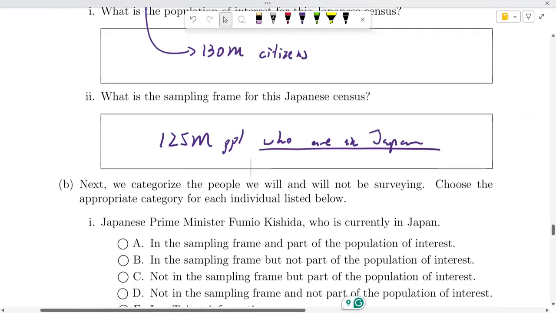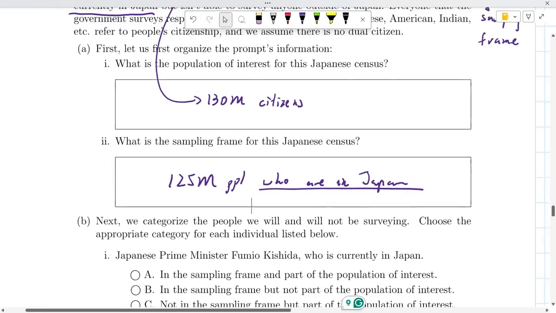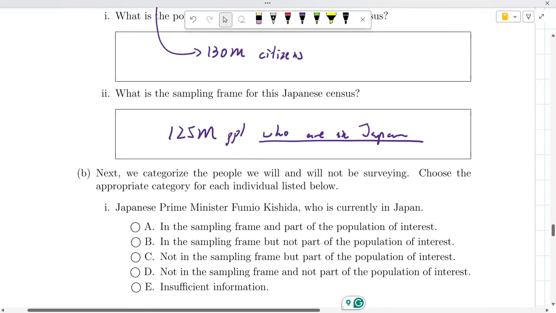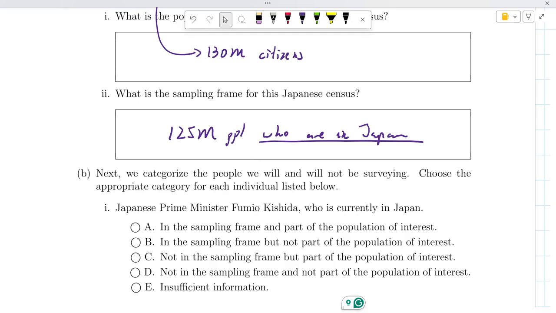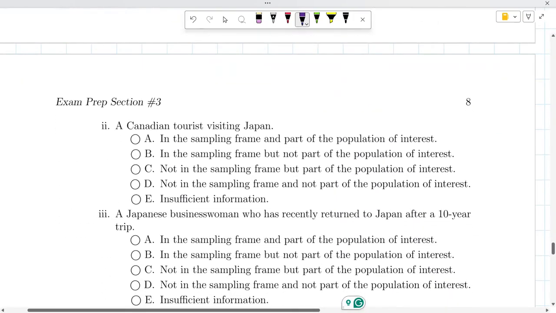Okay, then, now, let's categorize people we will and will not be surveying. So the Prime Minister is among the Japanese citizens and is currently in Japan, if the timing is correct. So A would be a good choice. A Canadian tourist visiting Japan is in Japan, but not a Japanese citizen, or also not secretly a Japanese citizen because there's no dual citizenship considered in this question.